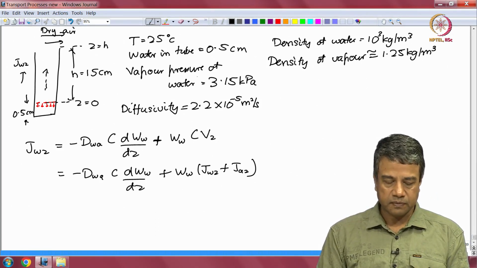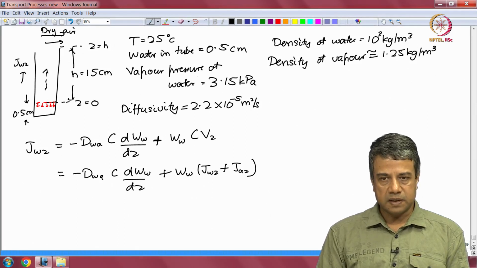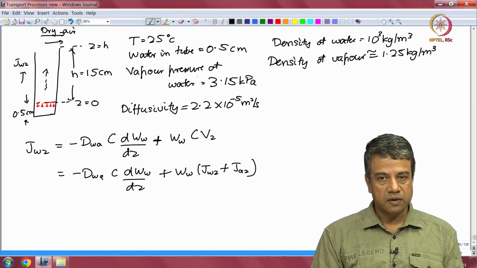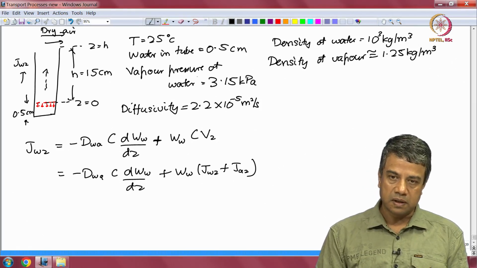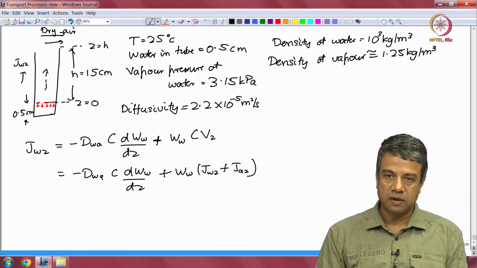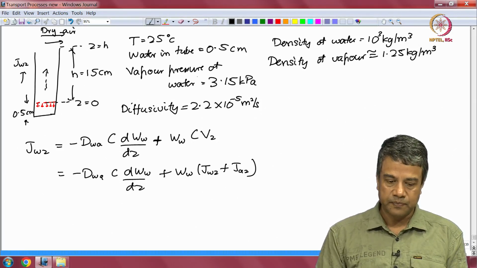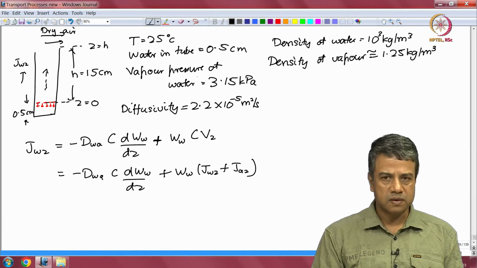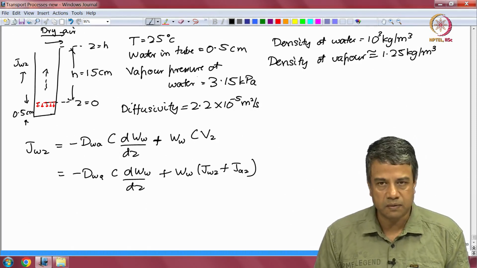So, as the water evaporates, the level of the surface goes down. However, the volume of vapor generated is about 800 to 1,000 times the decrease in volume of the liquid water.